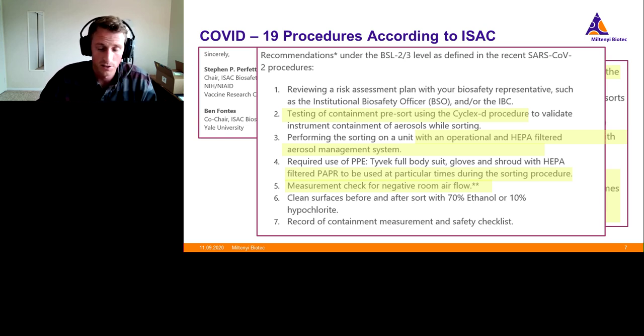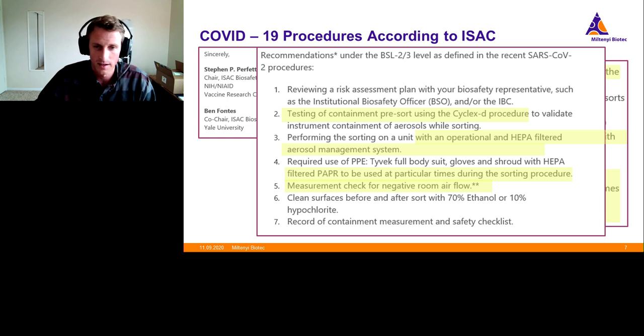I've already gone into a little detail on these things. This is the recommendation from the NIH and the ISAC Biosafety Committee. So this is as real as it gets for how we've been asked to operate under these conditions.